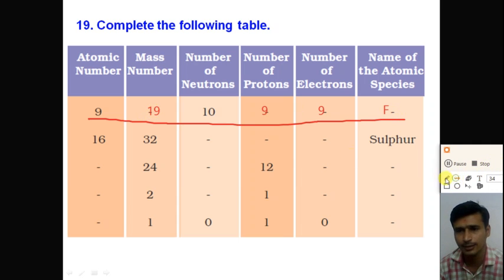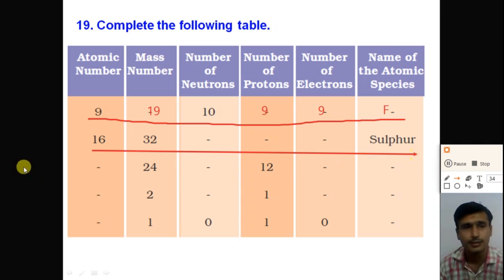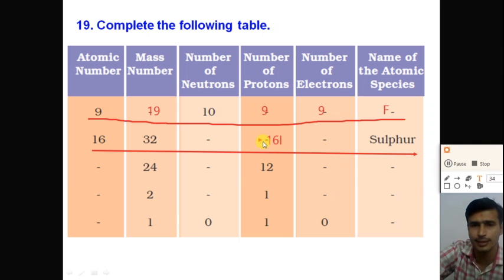So let us take the second line. In the second line, the name of the element is given: sulfur, and the atomic number is 16 and the mass number is 32. This atomic number gives the number of protons and the number of electrons. So here in this sulfur, number of protons is 16 and number of electrons is also 16.